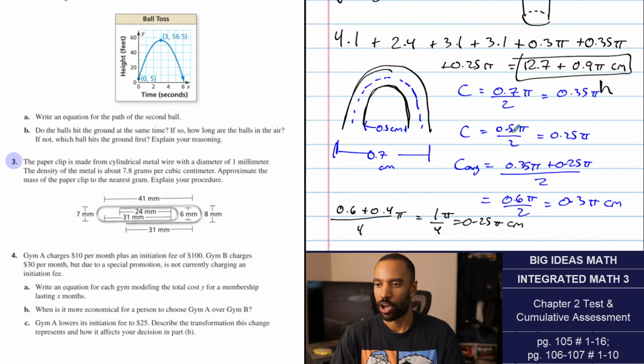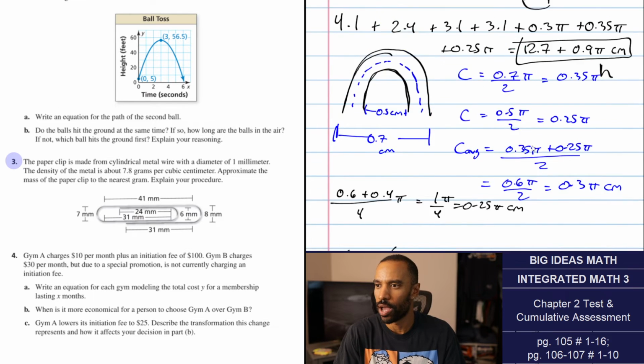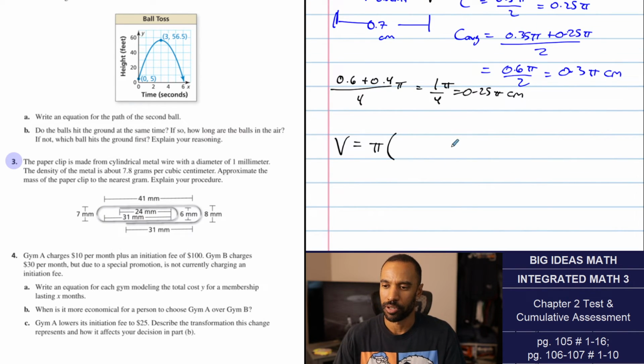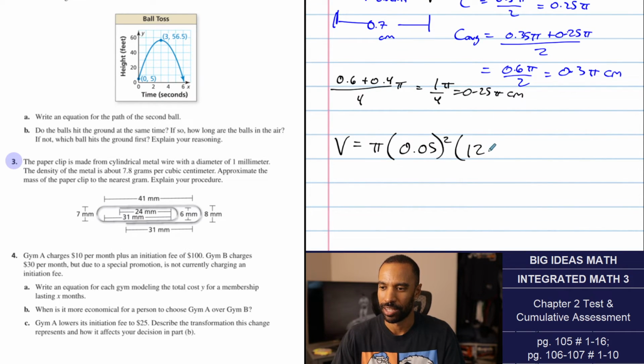Okay, so now we have to find the volume of the whole paperclip, which is area of base times height. We have pi r squared. The radius was 0.05 centimeters. So pi times 0.05 squared times height, 12.7 plus 0.9 pi.